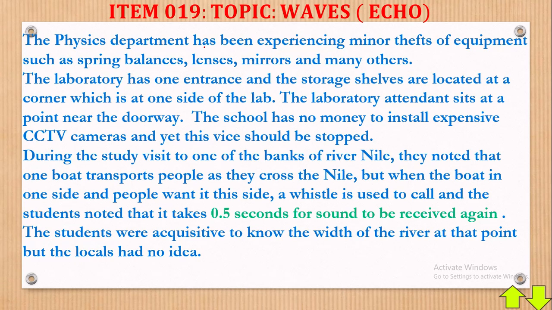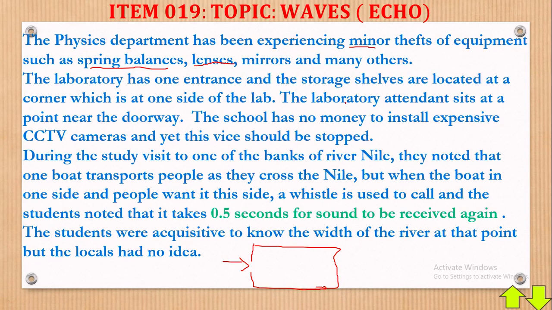The physics department has been experiencing minor thefts of equipment such as, anyway, why were they calling it minor? Such as spring balance, which is a bit expensive, lenses, mirrors, and many others. They're saying the laboratory has one entrance. Maybe this is our lab, and this is our entrance, right there.